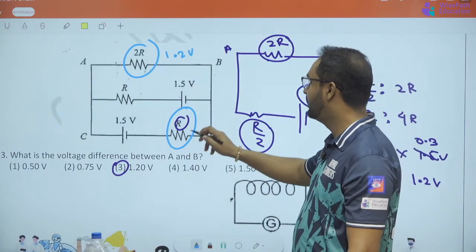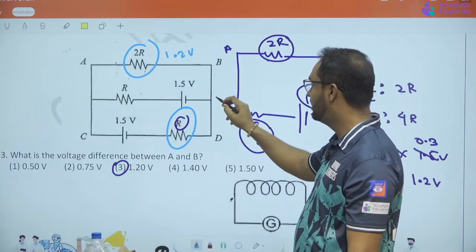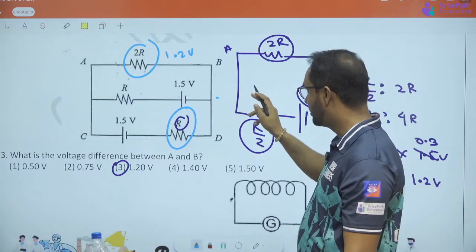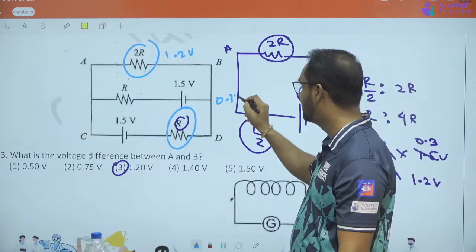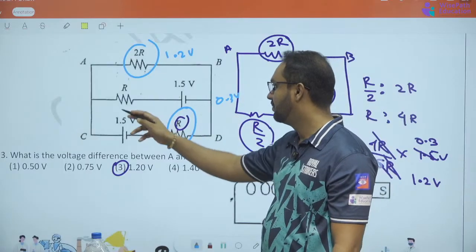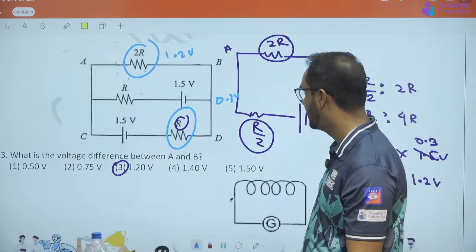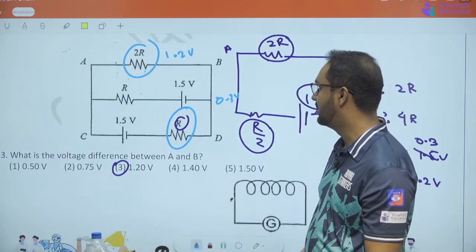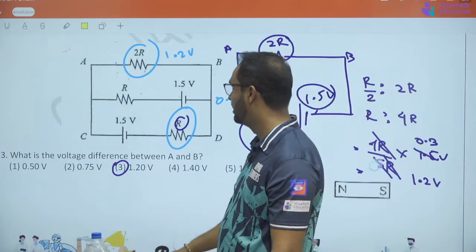So if this is 1.2 volts, the voltage of these two should be, the total voltage is 1.5, so this should be 0.3 volts. Get it? The voltage between these two should be 0.3, right?